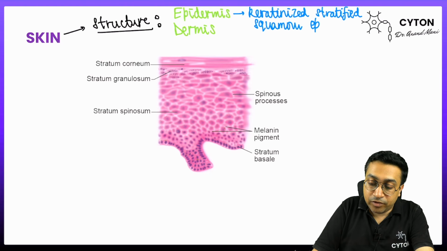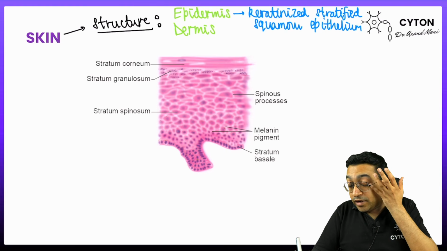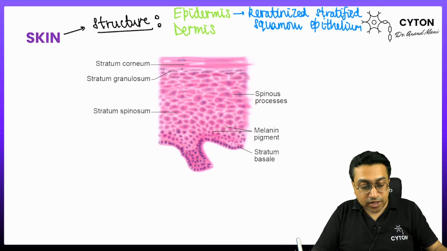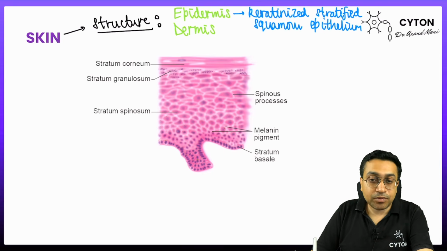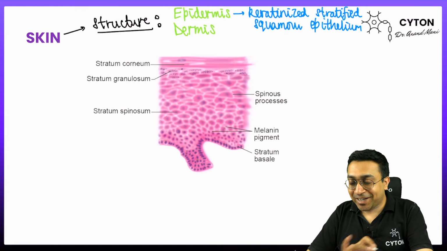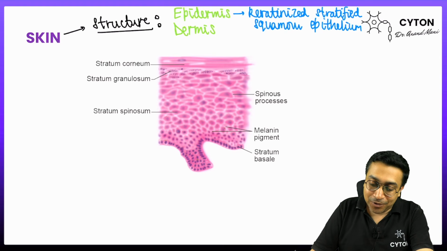Now you might be wondering, what is this medical jargon? Right now you have not read about epithelium because histology has not been done, but eventually it will be done, and this epithelium is the easiest one out of all the epithelia which you will read in the entire human body. So don't worry about this, you will get to know about it very soon.